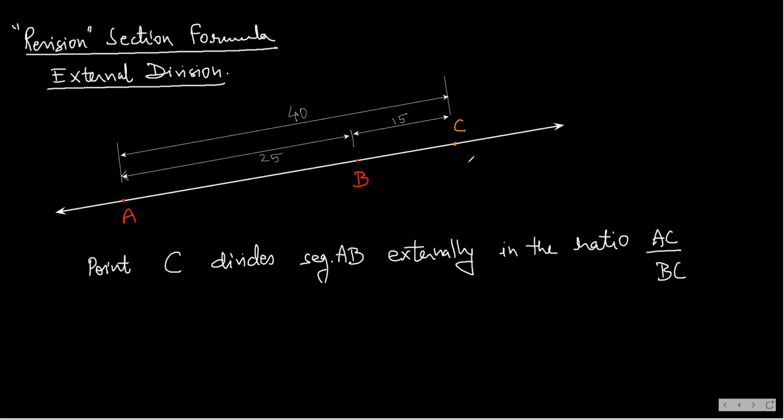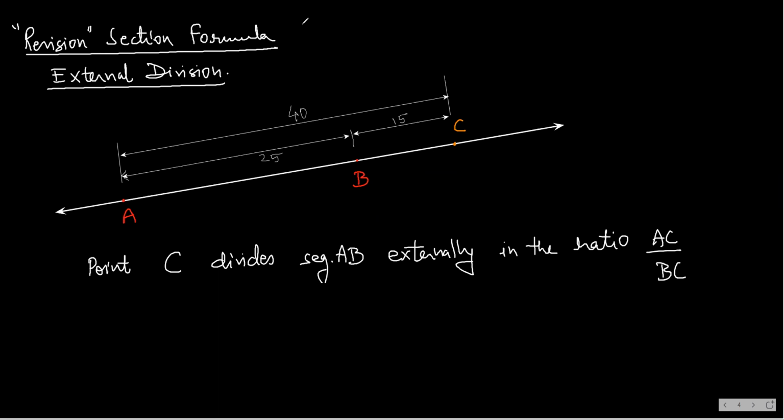So what will be the ratio? As you know, the ratio of division is AC upon BC, that is 40 upon 15.